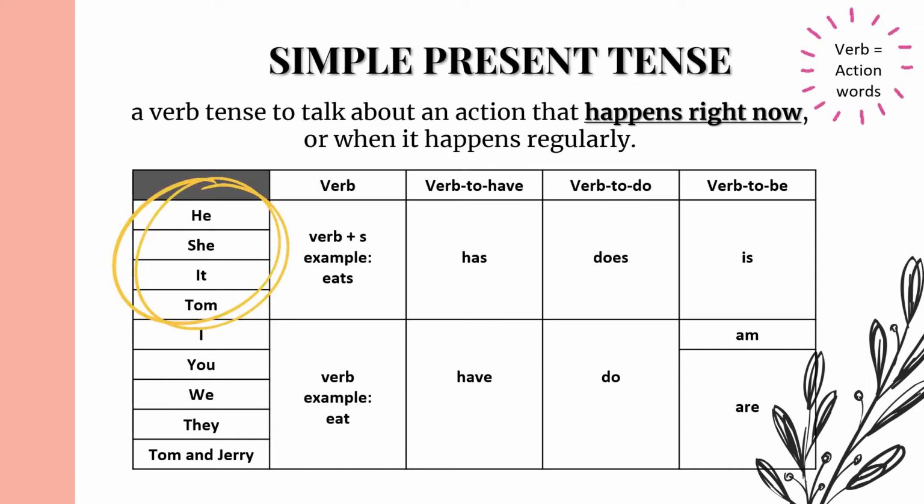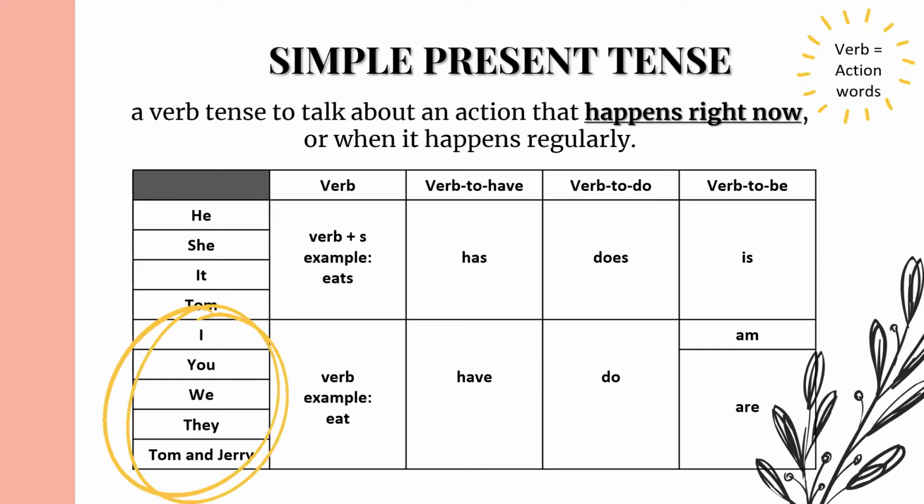Now, we change the subject by using I, you, we, they, Tom and Jerry. This subject is more than one, so for the verb, there must be no S. For example, I eat, you eat, we eat, they eat, Tom and Jerry eat.